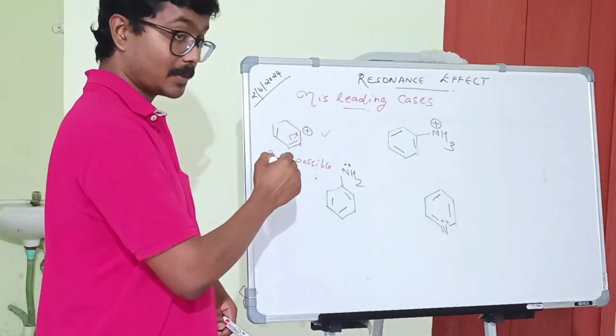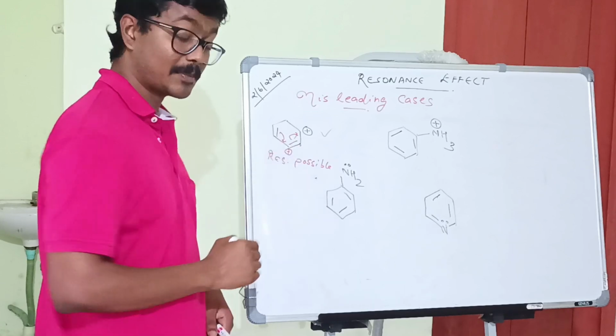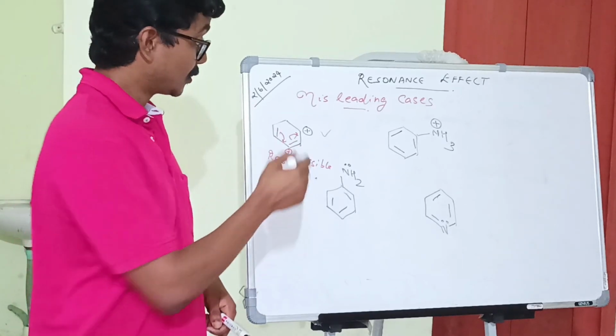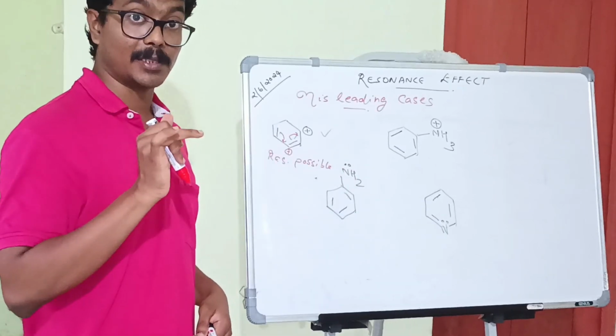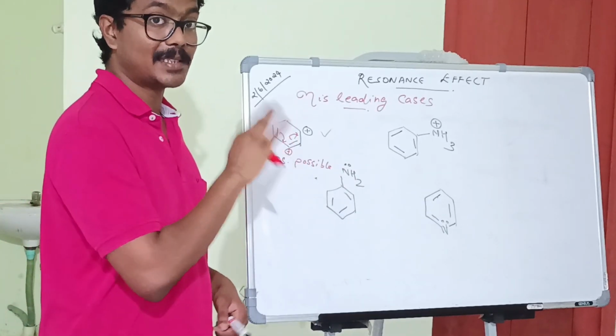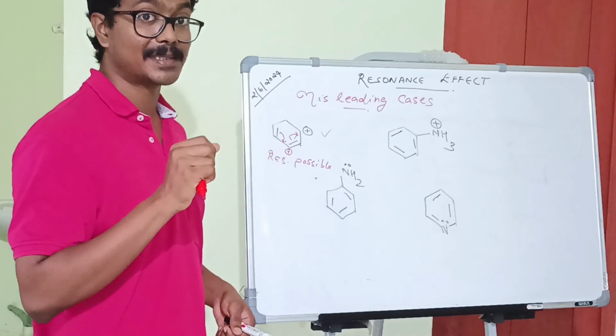So a positive charge will come here, and this will come here. In this case resonance is possible, but the continuity is not there. These are misleading cases in the resonance phenomenon.